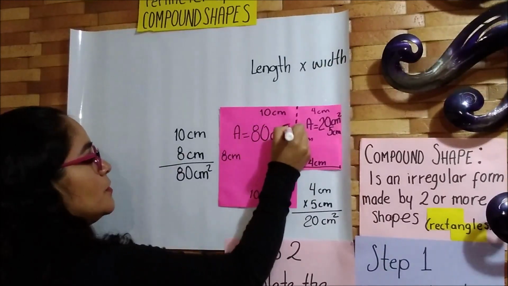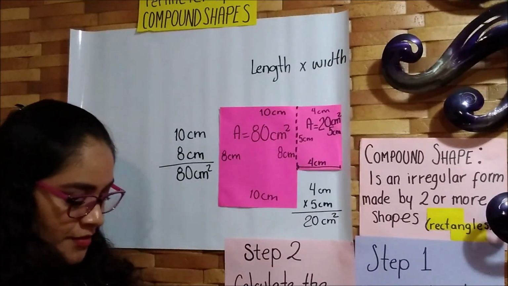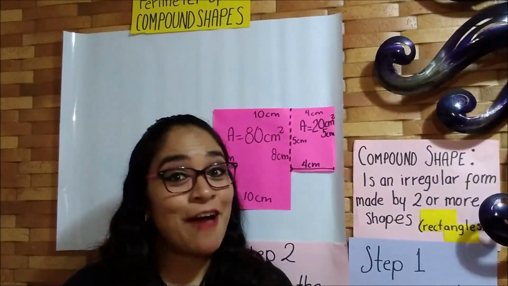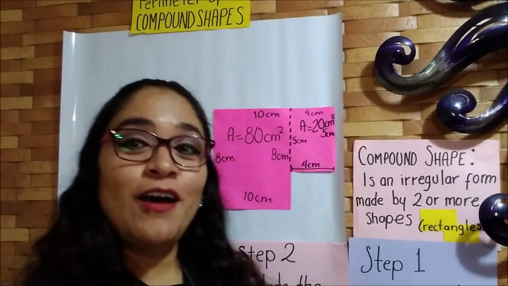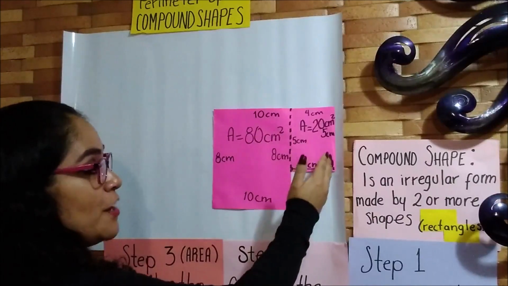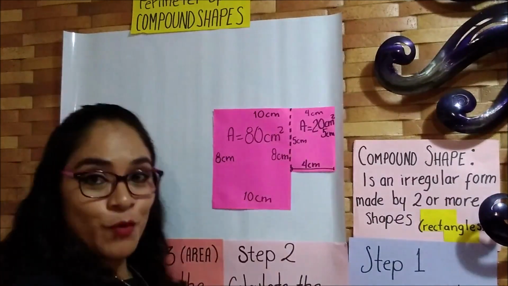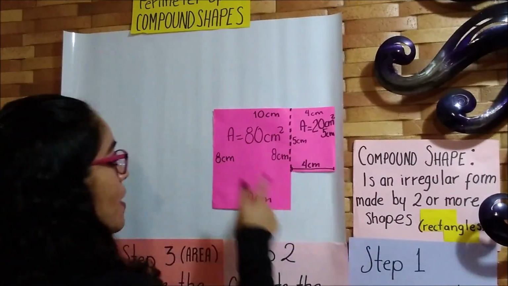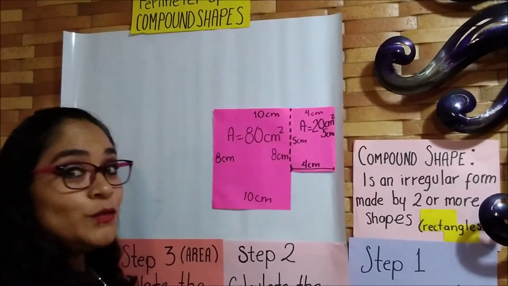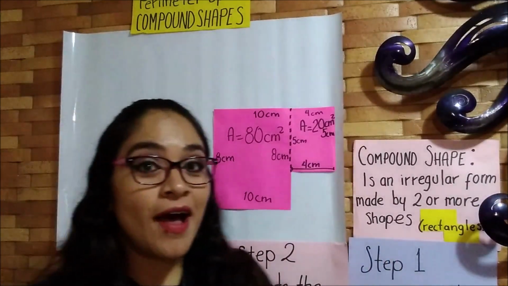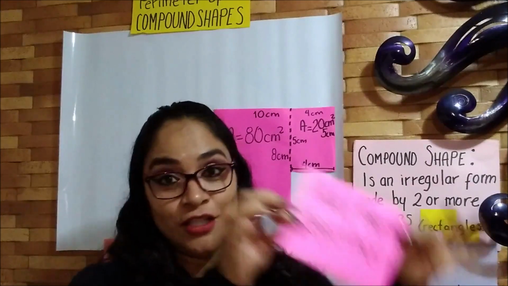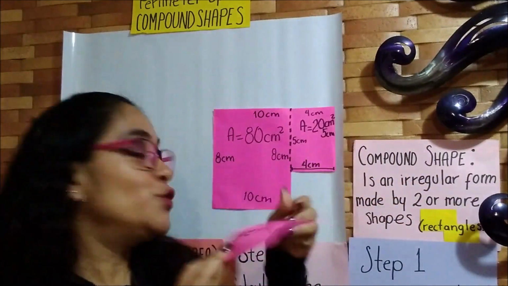80 centimeters squared. And let me tell you, we haven't finished yet because we already know the area for the shape 1 and we already know the area for the shape 2. But we need to know the total area. So we need to add them together.